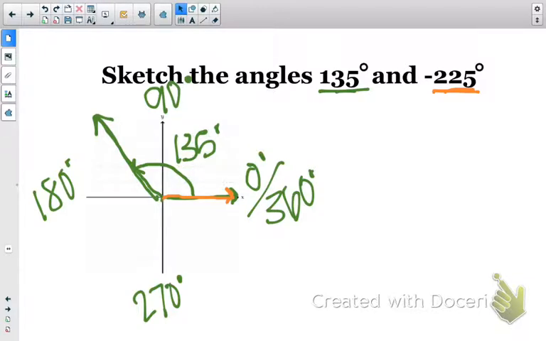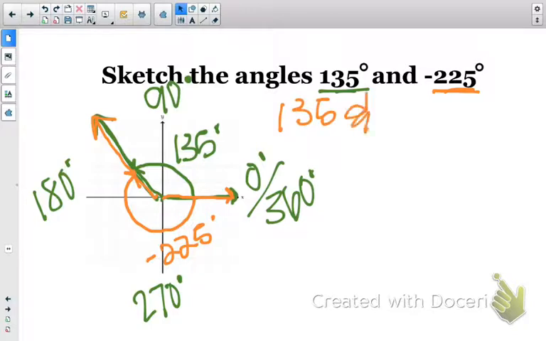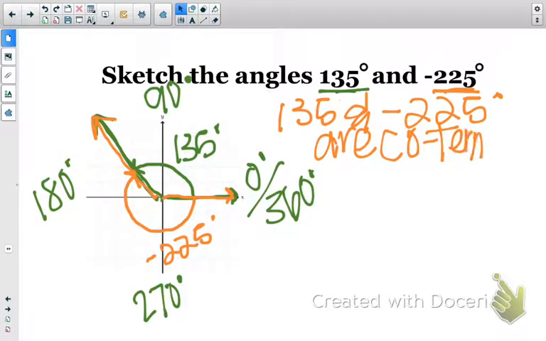It's 45 degrees more than 180, so we just keep going around, and we end up at that same spot. So this is negative 225 degrees. They ended at the same spot, which means they are coterminal angles. So 135 and negative 225 are coterminal.